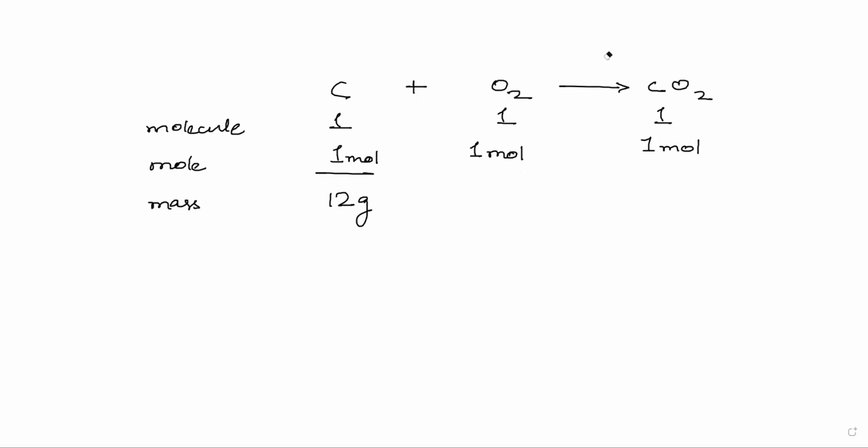Also remember, here we have O2, it is not just oxygen, so we have to look at the mass of O2. 1 oxygen is 16, so 2 oxygen will be 32. And this carbon is 12 plus 32, it will give me 44 grams. Now, copy this and please let me know if you have any doubts regarding this molecular picture, molar picture.